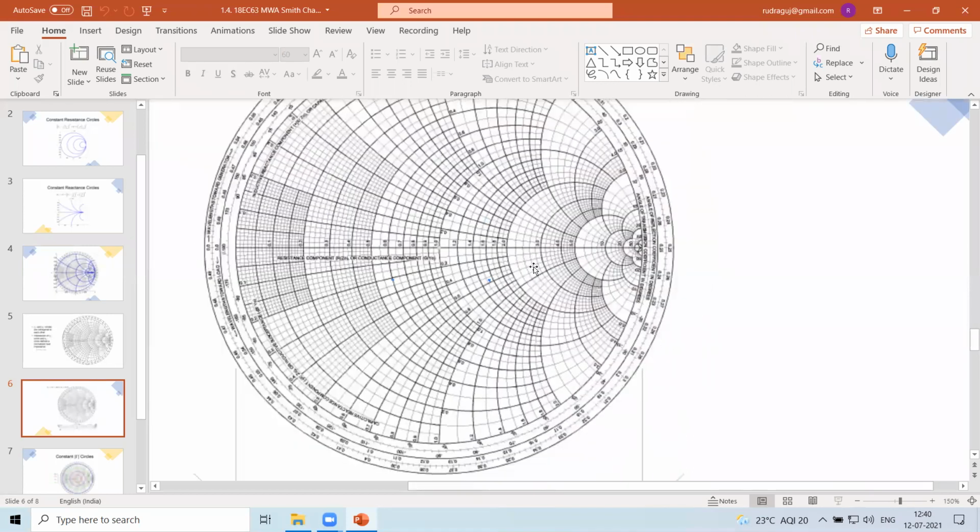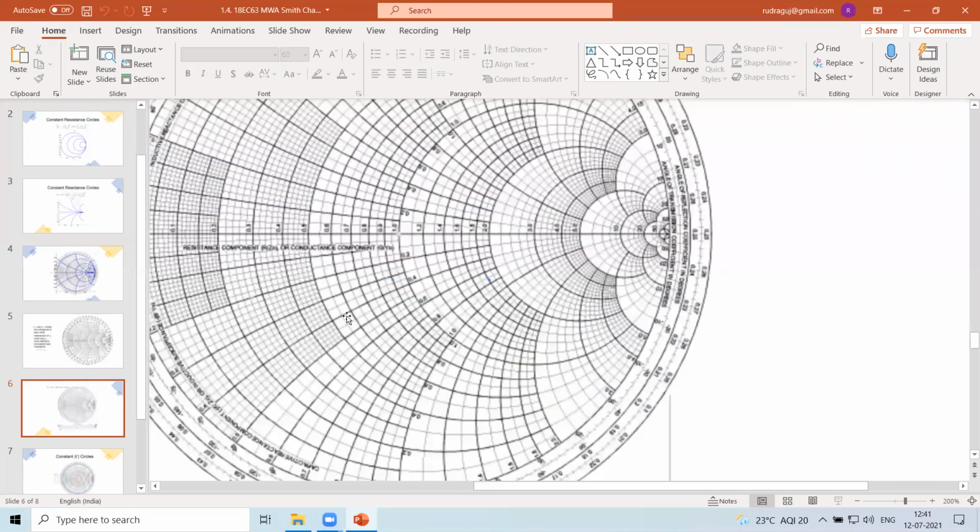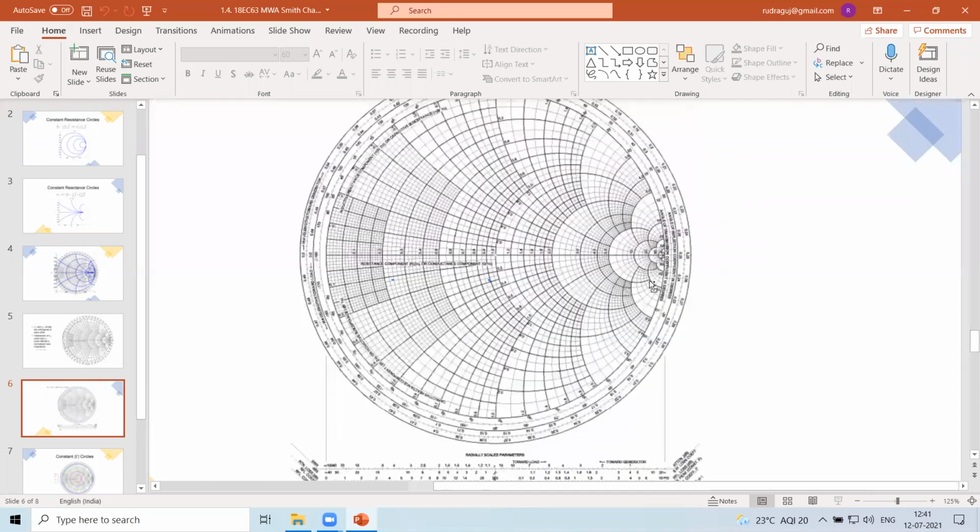Basically, the Smith chart is divided into two parts: one part is for the capacitive part, and this part is for the inductive part. Along with this, you can see there is a resistive component association, a straight line, and along with this, other lines are coming up. This entire thing forms the Smith chart.